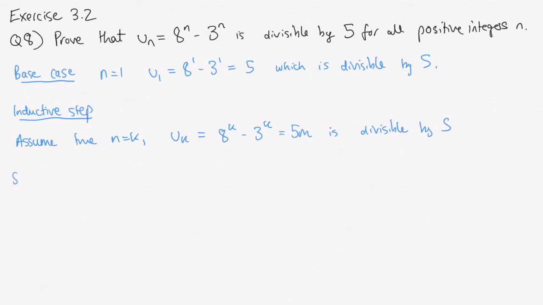And what do we want to show? Well, we want to show true when n equals k plus 1, i.e. show u to the k plus 1, which is equal to 8 to the k plus 1 minus 3 to the k plus 1, is also divisible by 5, given our assumption that it's true when n equals k.